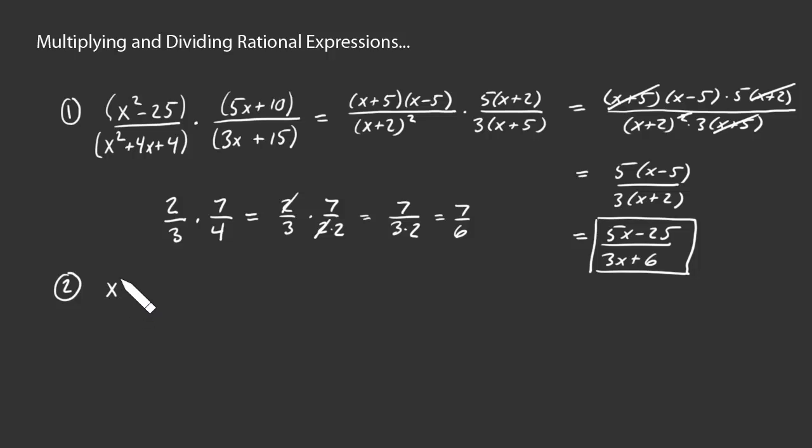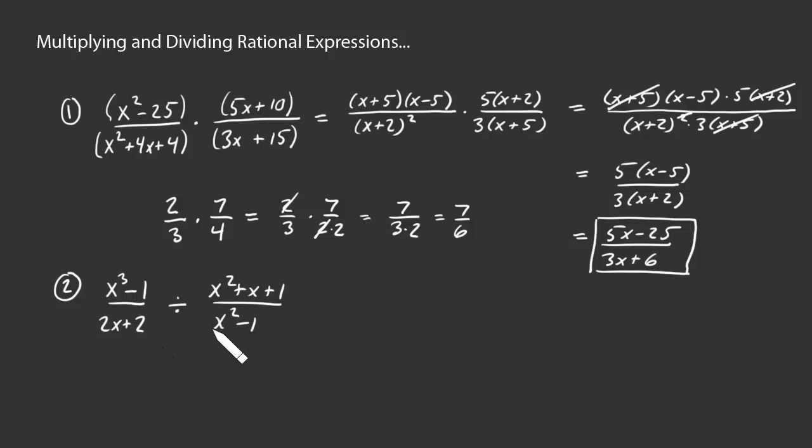Very similar process here. (x cubed minus 1) over (2x plus 2), this time divided by (x squared plus x plus 1) over (x squared minus 1). Okay, now we know what division of two fractions means.